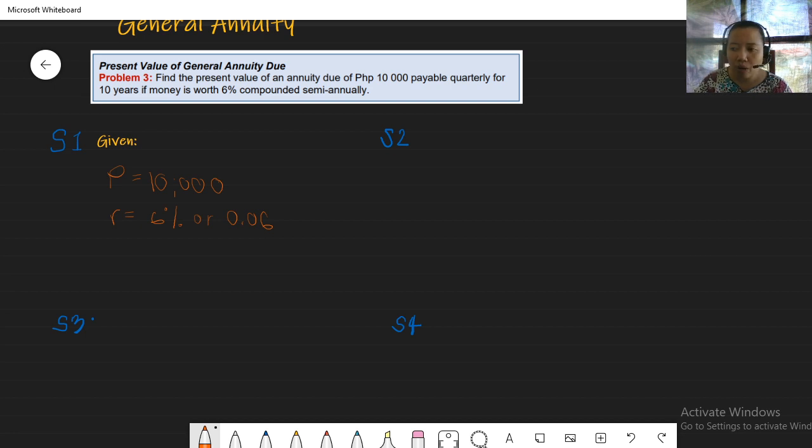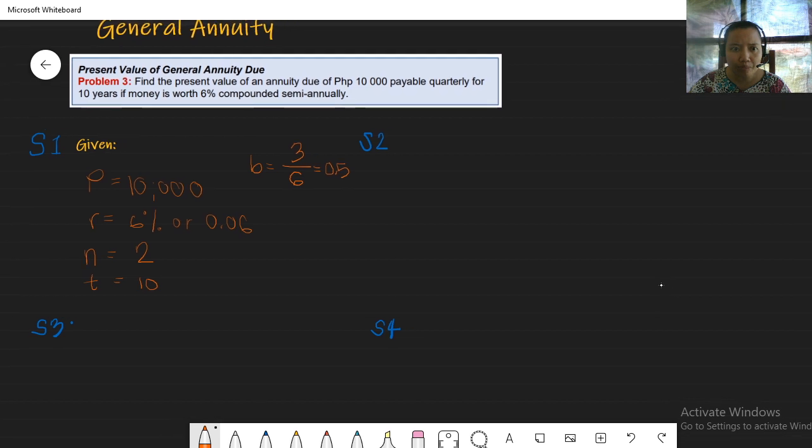Our compounding period, or the N, is equivalent to 2, which means semi-annually. And then time in years, T, is equivalent to 10. The number of months in P is 3, and the number of months in N is 6. If you divide this, it would serve as our B value, which is equivalent to 0.5.